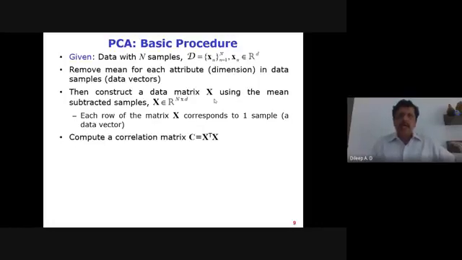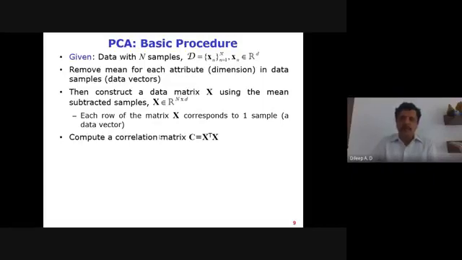Once I have this data matrix, it is of size n cross d, where n is the number of training examples and d is the number of dimensions of each training example.